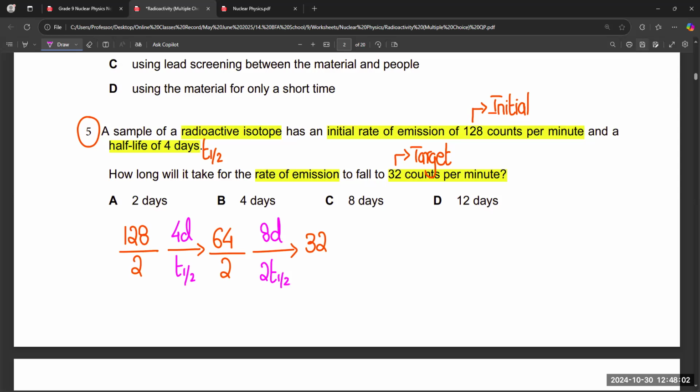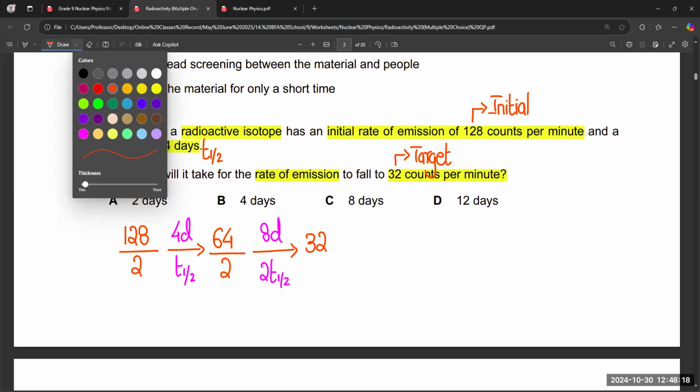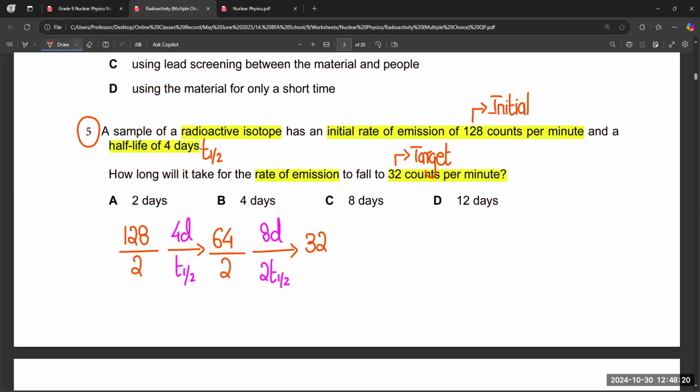So your answer is correct in number, but the unit that you used is different. So after two half-lives, we reach our targeted value. After two half-lives, in total we consume 8 days to reach the value 32. So the answer is 8 days, right?